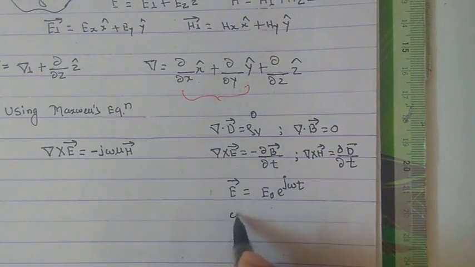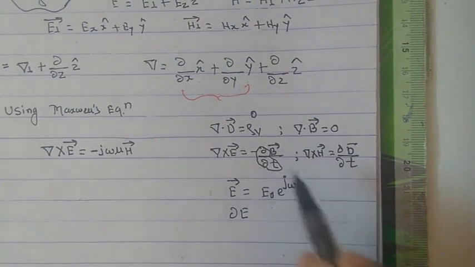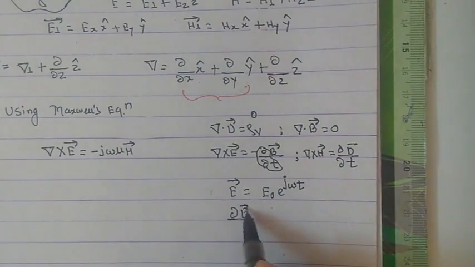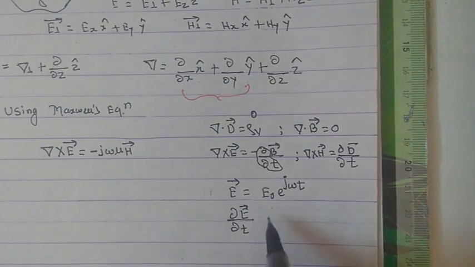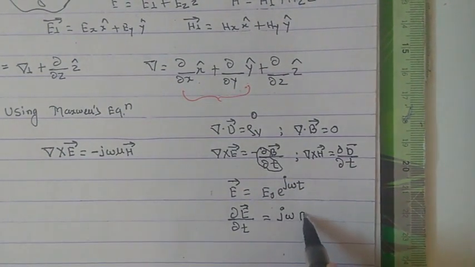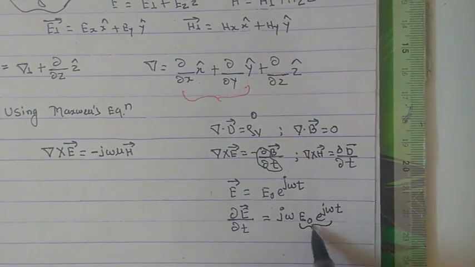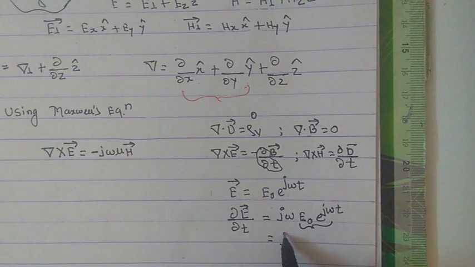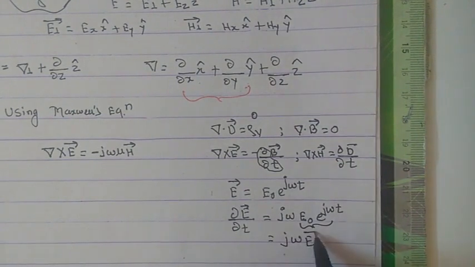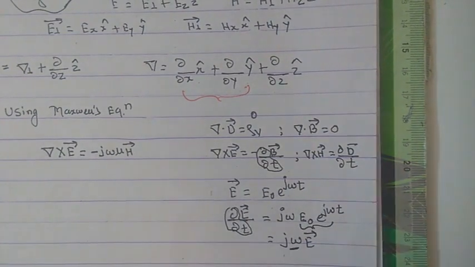If you take its time derivative, maybe of the electric or the magnetic field, it will be j omega E0 e raised to j omega t. So this is actually j omega into E. Whenever you take the time derivative of the electric or magnetic field, it gets multiplied by j omega.